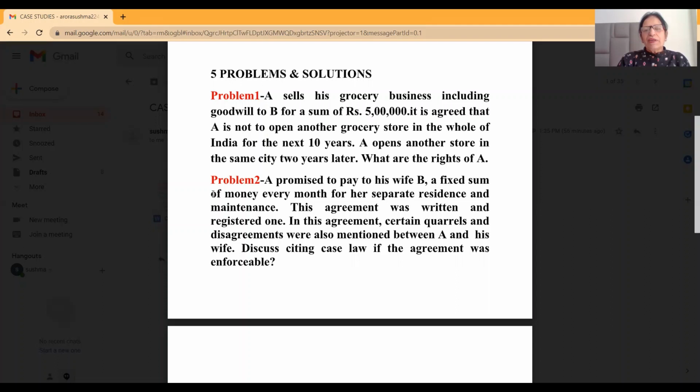So this agreement will not be enforceable. This is the conclusion. Why will it not be enforceable? Because one of the requirements or conditions has not been satisfied. So the given problem, as I told you in the very beginning, relates to the heading exceptions to the rule, no consideration, no contract.